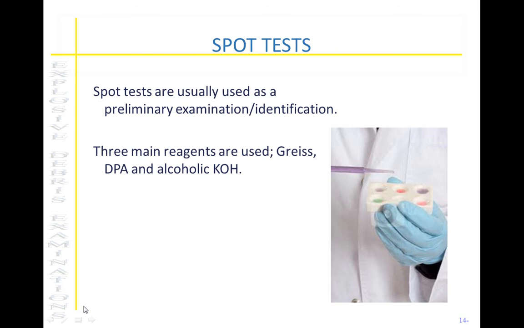There are three main reagents that are used as spot tests for explosive residues. These are going to be simple color tests. So the residue would be put in a spot plate and then the reagent is added to that and provides a color reaction if there is the positive presence of the explosive residue.